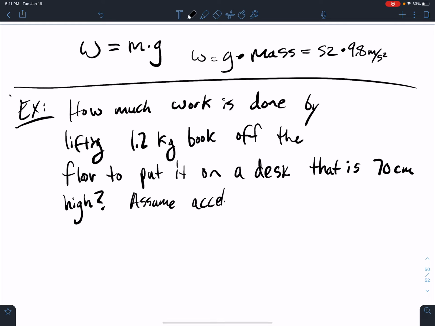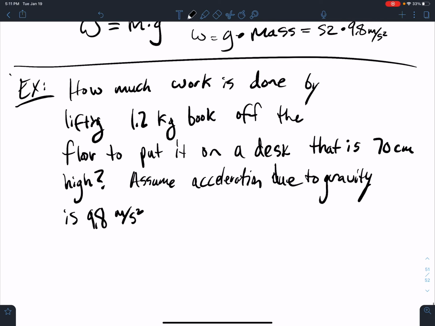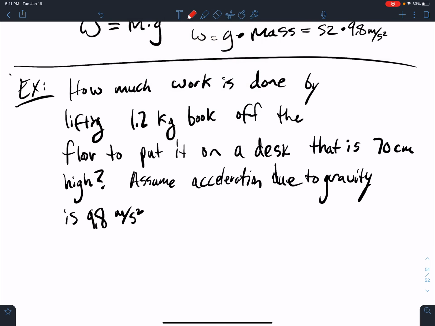Okay, so I'm going to assume acceleration due to gravity is 9.8 meters per second squared, all right? So how much work is done? Well, to get work, I do the force times the distance.